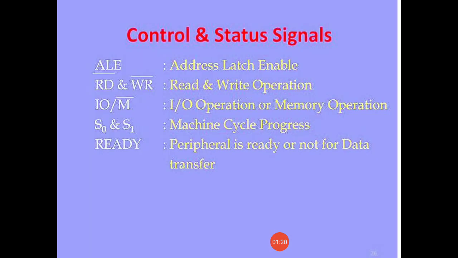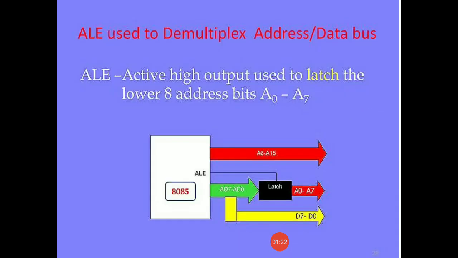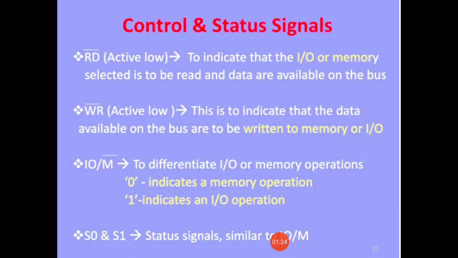Then I discussed RD bar and WR bar signals: if the RD bar signal is low, it gets activated and is used for reading, and if the WR bar signal is low, it gets activated, and it means that the microprocessor wants to write something either on the memory location or an input output device.